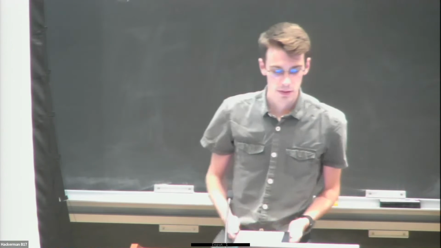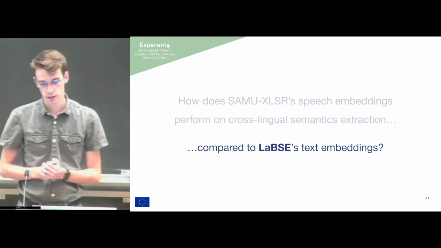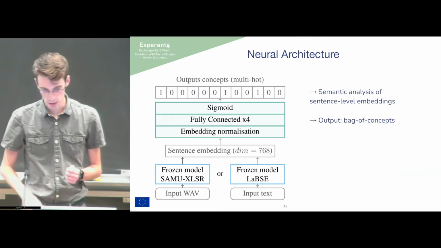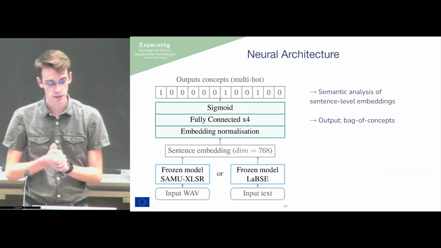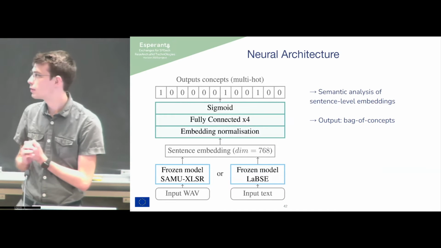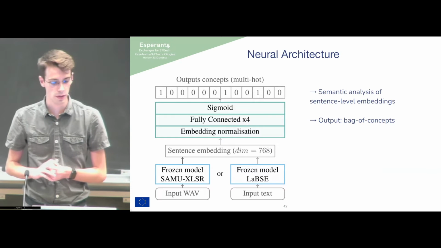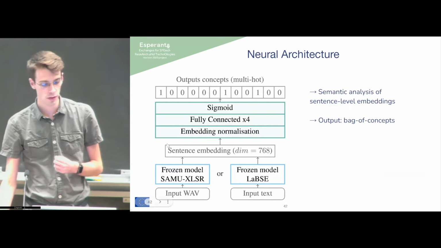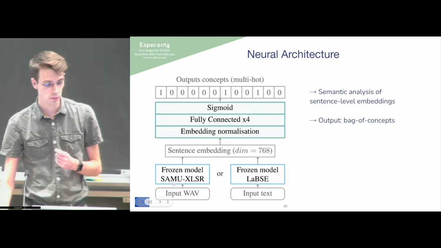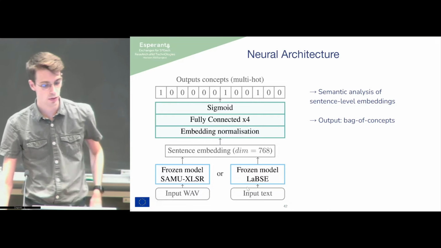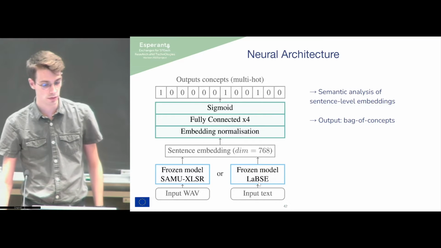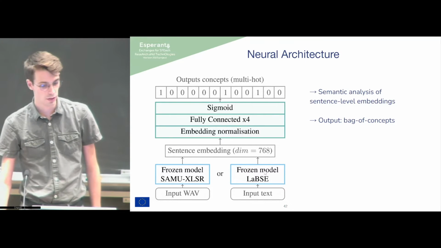And we wanted to compare the SAMU-XLSR embeddings to the LAPC text embeddings. The way we did that was to use the sentence embeddings of SAMU-XLSR and combine that with the sentence embeddings of LAPC. So we trained a model either on SAMU-XLSR frozen sentence embeddings or LAPC frozen sentence embeddings.